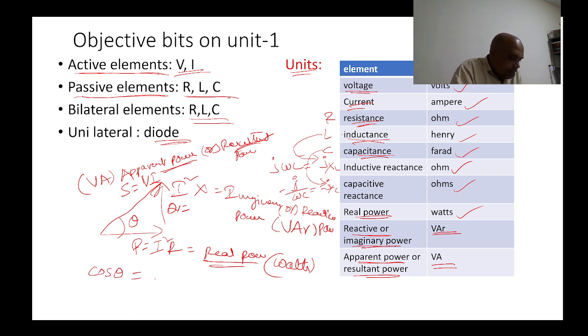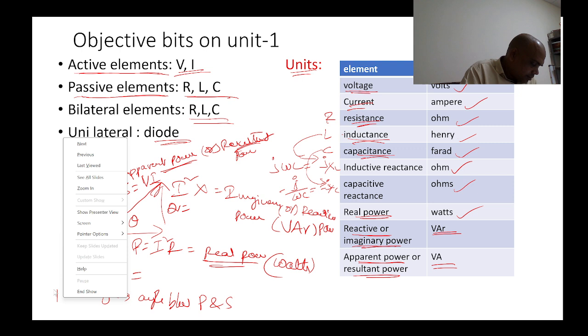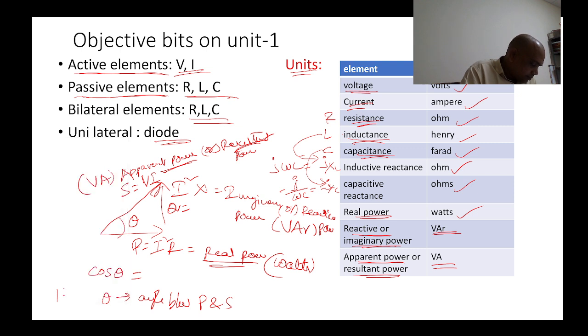So here theta is nothing but the angle between P and S. So this is called the power factor angle.